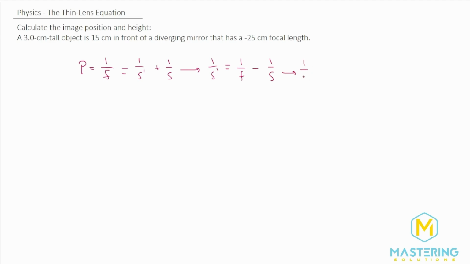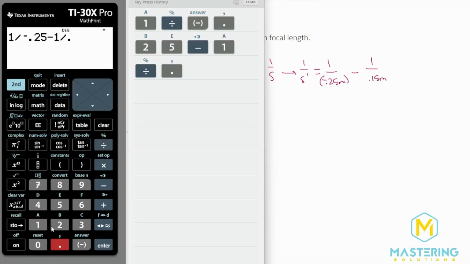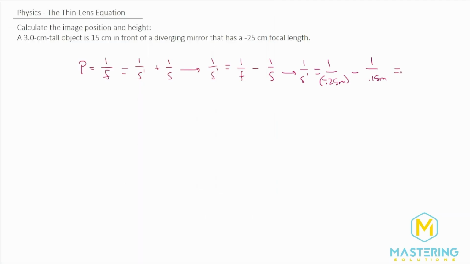So when we now plug that in, we get 1 over the negative 0.25 meters. It does need to be in meters for the equation to work correctly. And then we're going to minus from that 1 over the object position, which is 0.15 meters. So that's going to give us 1 over negative 0.25 minus 1 over 0.15 gives us negative 10.67 diopters.